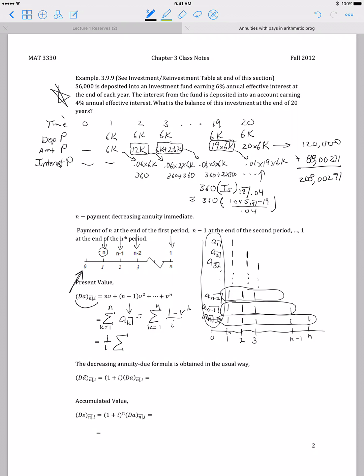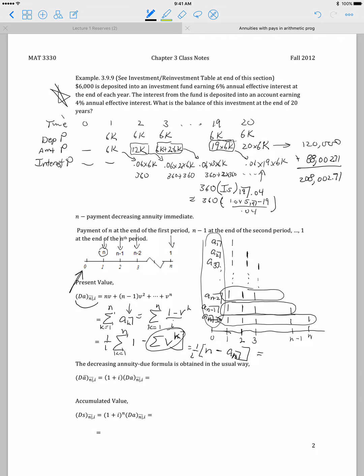I brought my 1 over i out in front. That leaves me with a 1, then minus the sum of v to the k. If I add 1 to itself n times, I get n. So it's 1 over i times n minus, and this is just the symbol a sub n. So 1 over i times n minus a sub n. That's a handy formula to know.